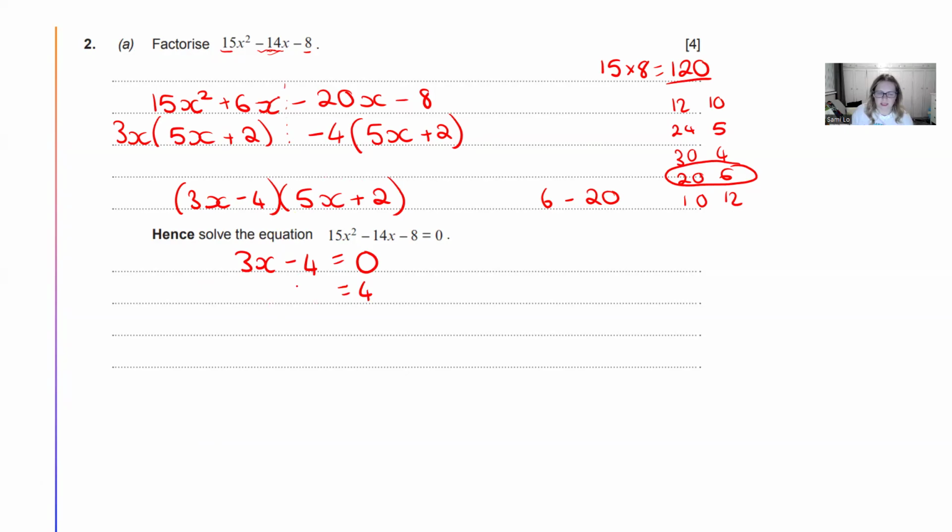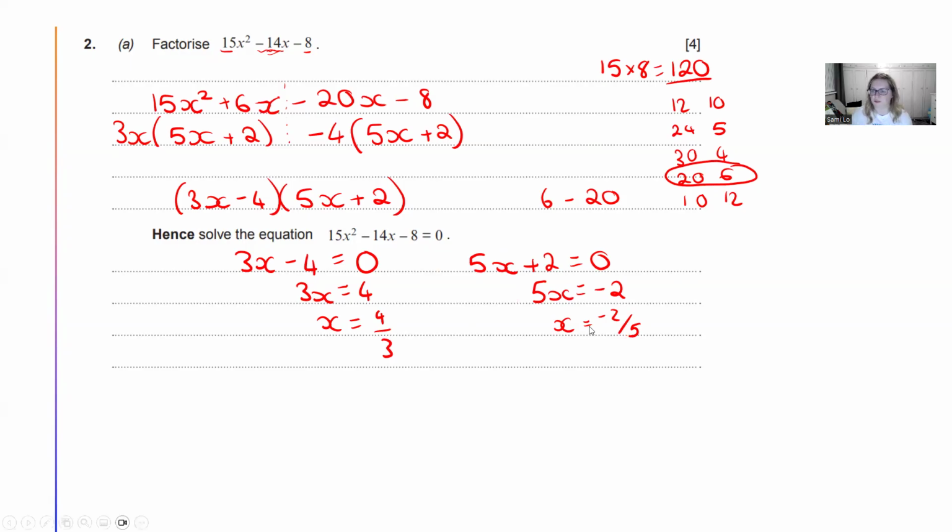It makes it a little bit easier to see, and that way you're not going to make a mistake. So that's going to give me 4 over 3. And then the same with the other one. If the second bracket was equal to 0, again, do the same thing. So minus 2 this time, and then x will become minus 2 over 5. And there we go. You've then solved it.